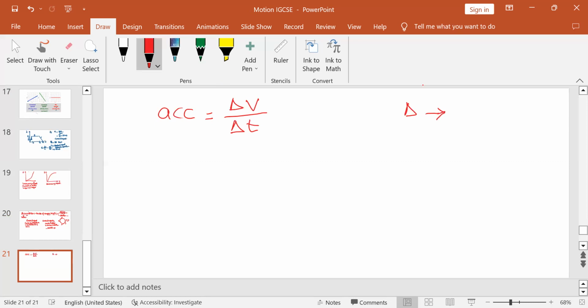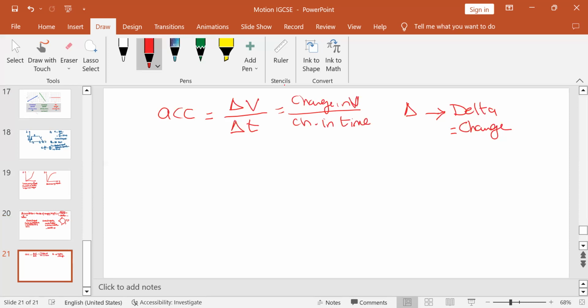This small triangle is called delta. Delta means change. Okay? So here delta V over delta T means change in velocity over a change in time.